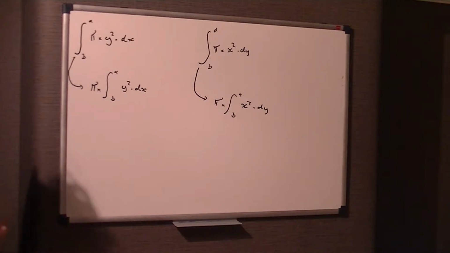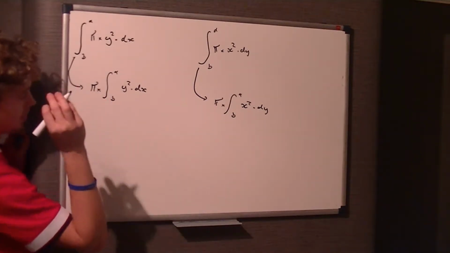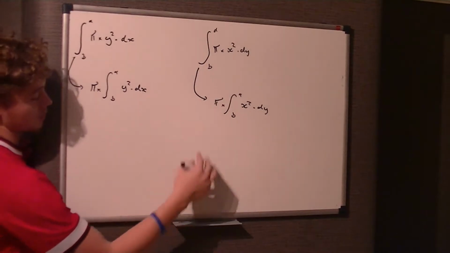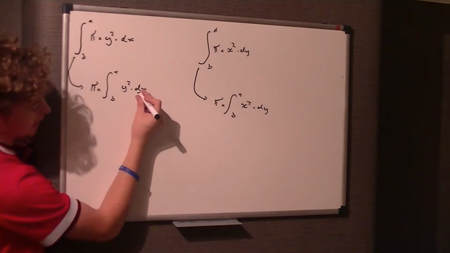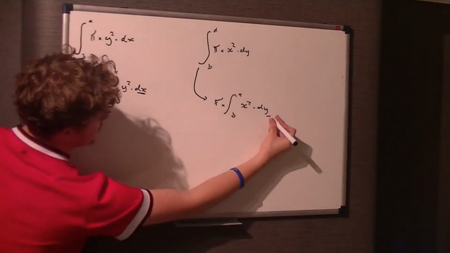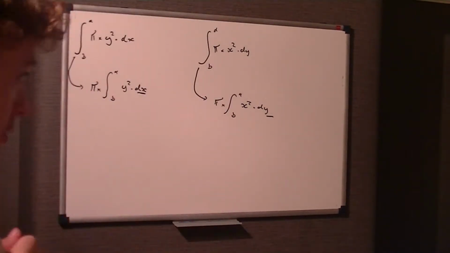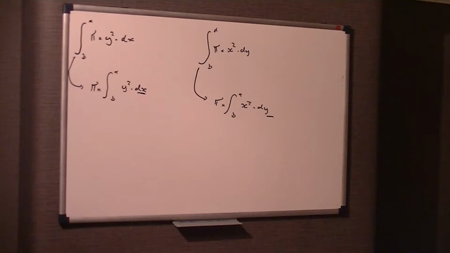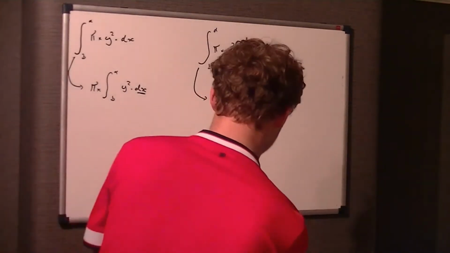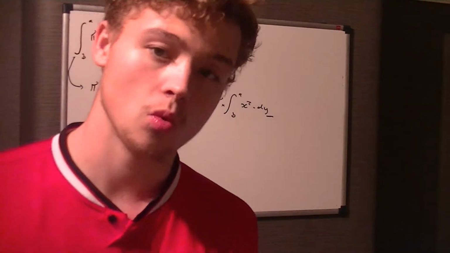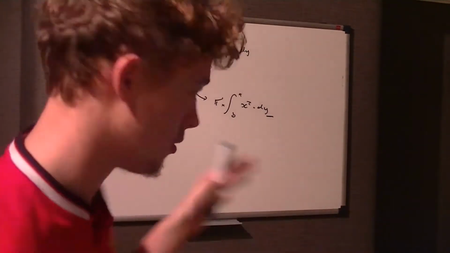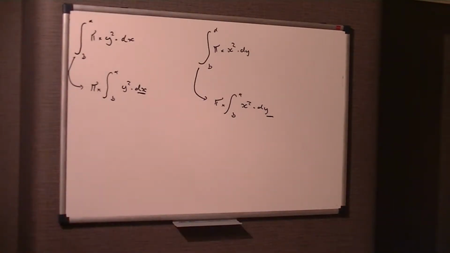You can think of it as whatever you're integrating with respect to, that's what you're rotating it around. They won't give you these equations, but they will tell you what to wrap it around, so just for your mind, you know which equation goes with what.